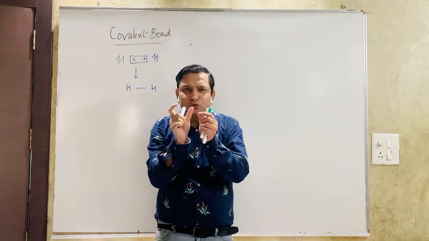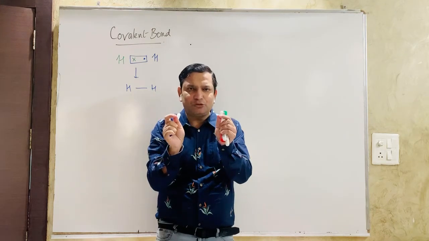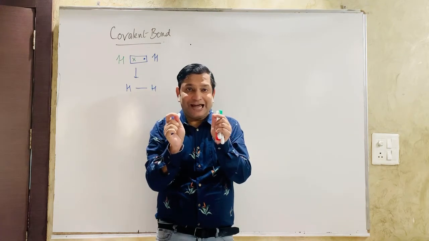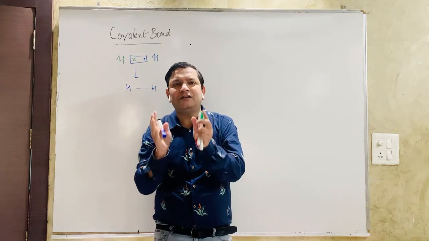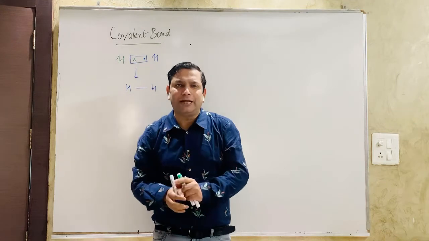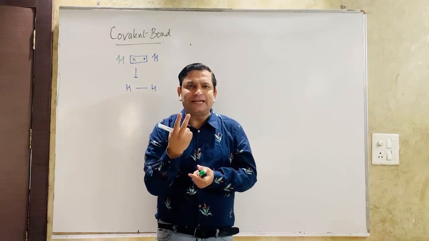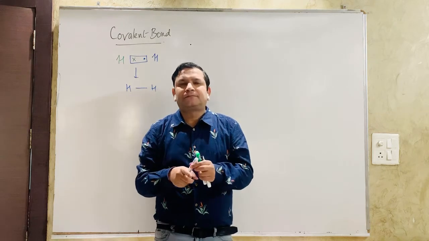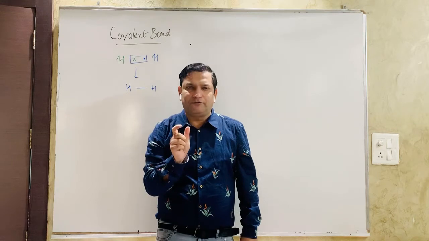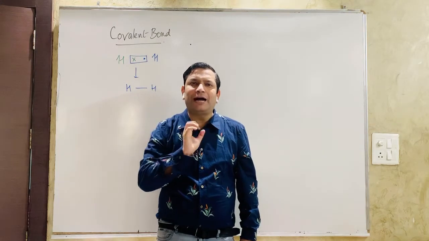Hence, this two electron bond lies on the internuclear axis of these two atoms, which is under the influence of both the nuclei. Once this two-centered two-electron bond is formed, this bonded pair of electrons is shared by the nuclei of both the atoms.